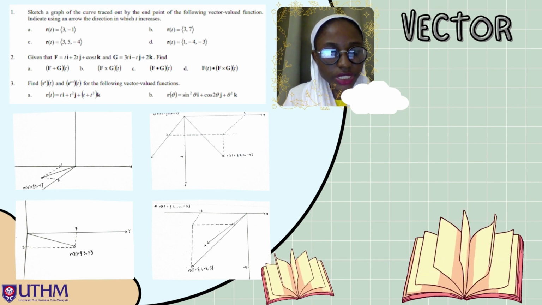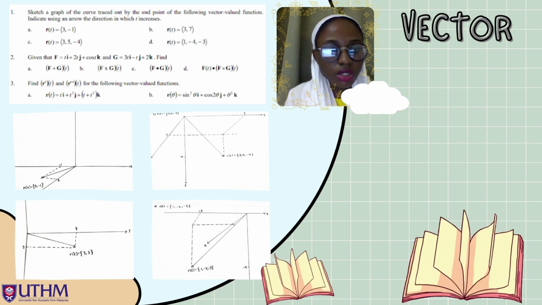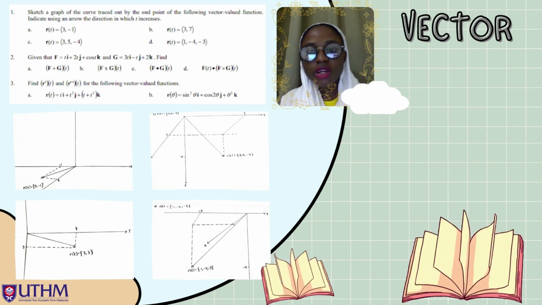Question 1d, where there are also 3 components: 1, negative 4, and negative 3. r(t) equals (1, negative 4, negative 3). We also sketch it on an xyz graph, and everything is correctly labeled again.